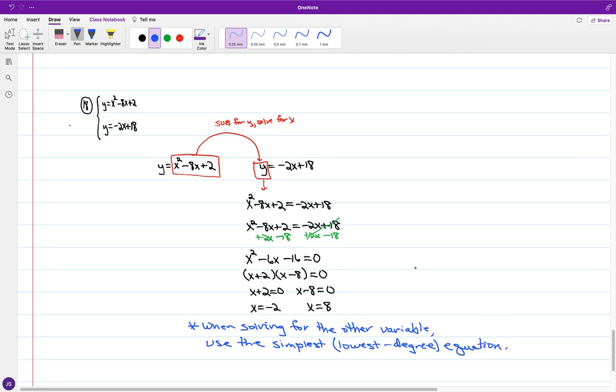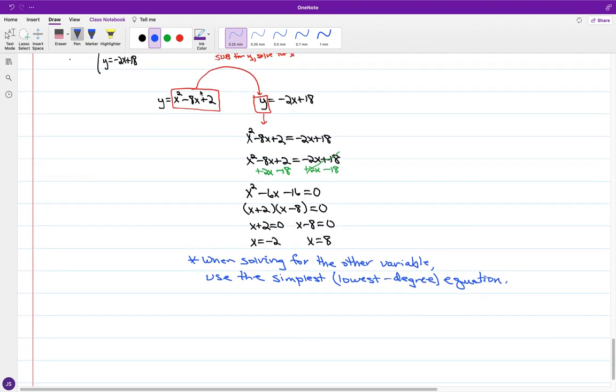With this system, if you notice, the first equation had x squared. The second equation had both x and y as first degree, so that would be regarded as the simpler equation. So in this instance, we have that y is equal to negative 2x plus 18.